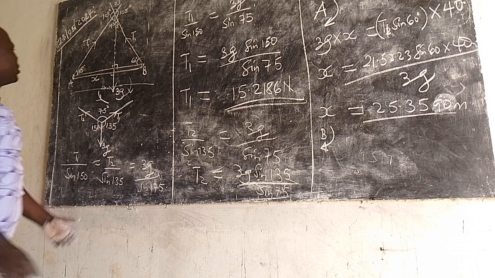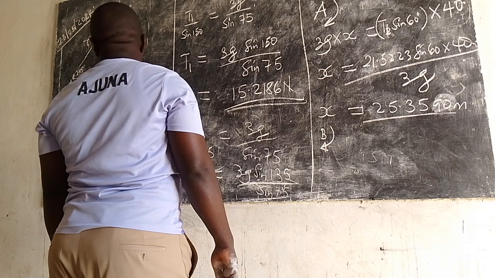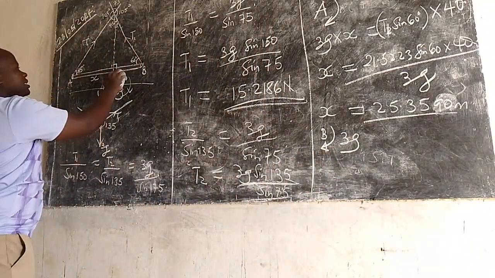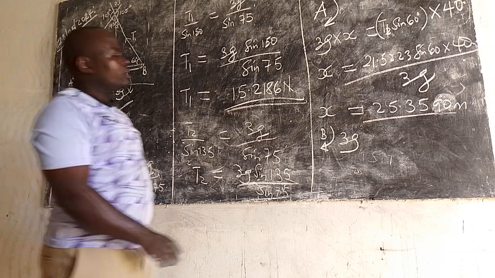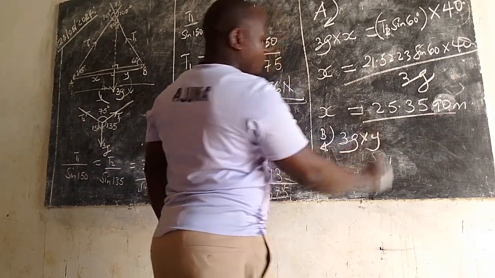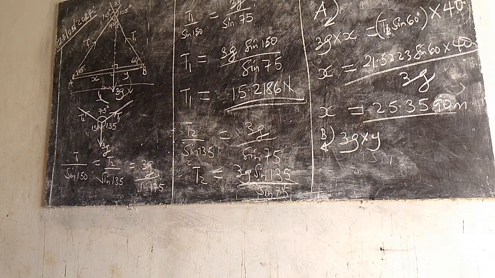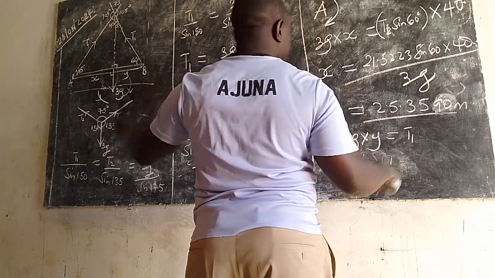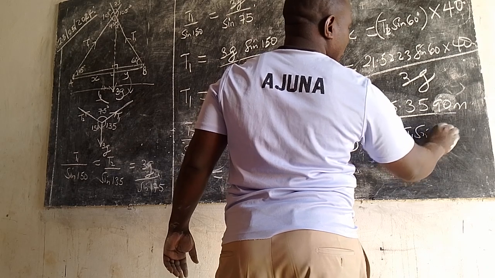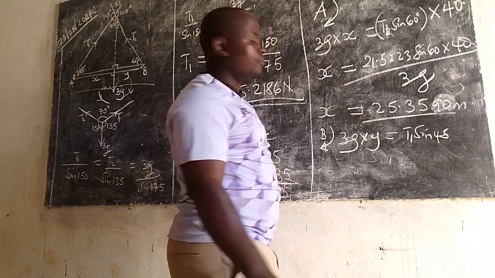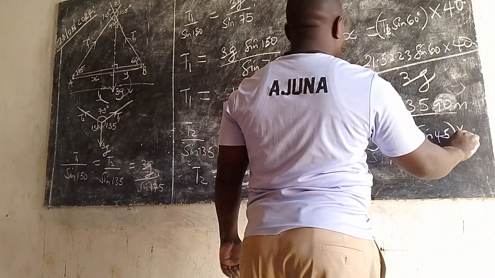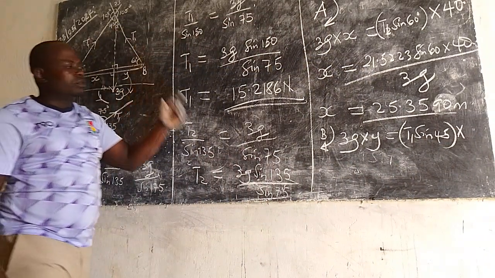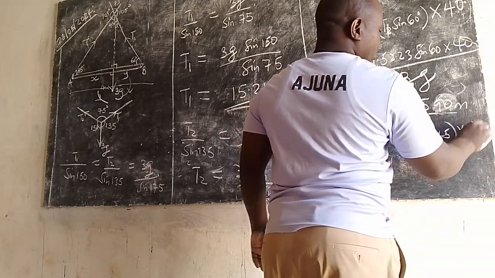So I'm going to say that we shall have 3g times y, maybe I can call this distance y, equal to T1 sine 45 times the distance, which is of course 40.